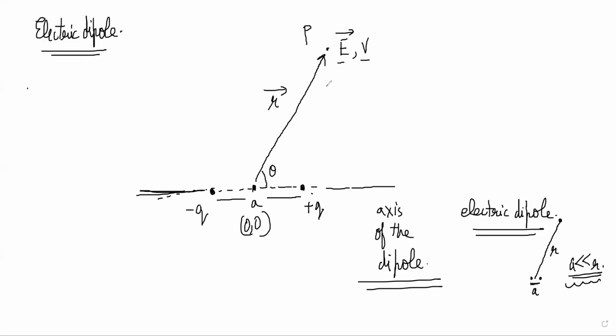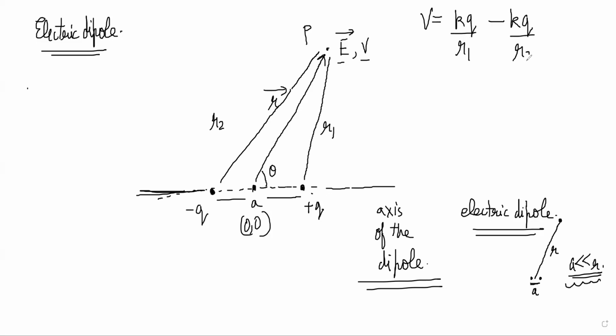But first, we will not try to find field first because field will be complicated due to the vector nature of it. We'll first find the potential, and potential is a scalar, so we just need the distance to this point and the distance to this point. Let's call this R1, let's call this R2. So potential at the point P should be KQ by R1 minus KQ by R2.